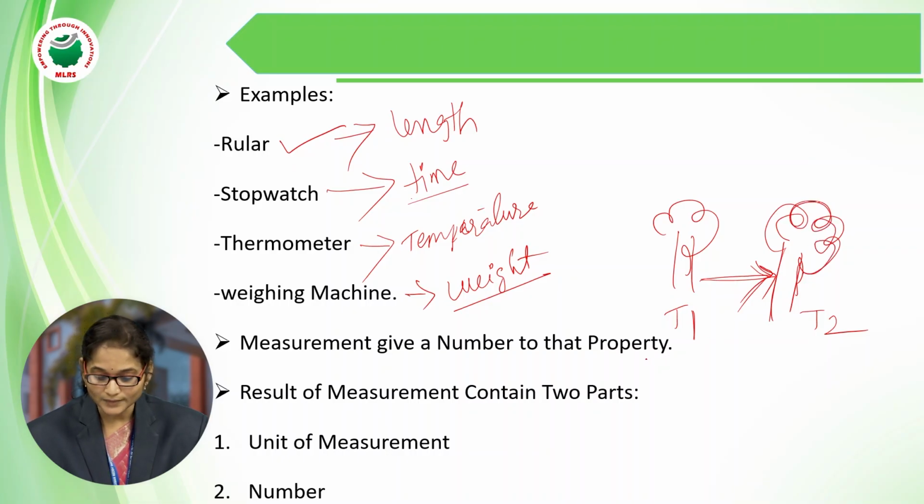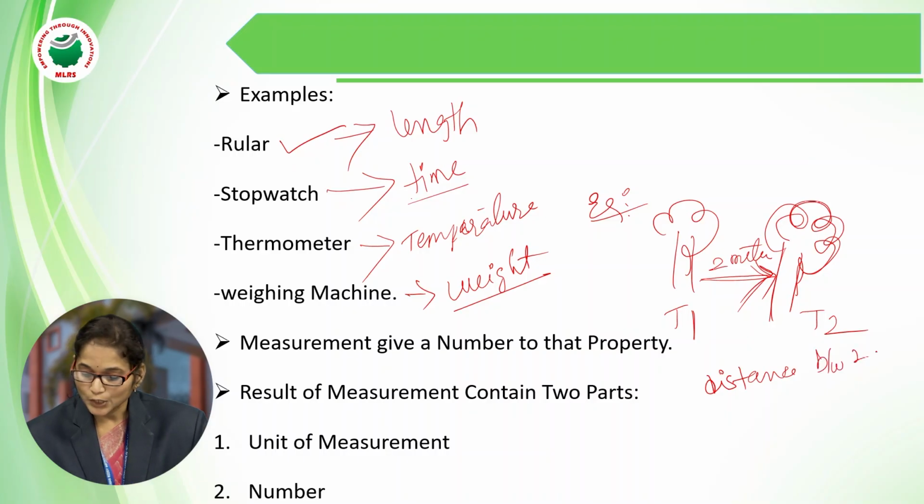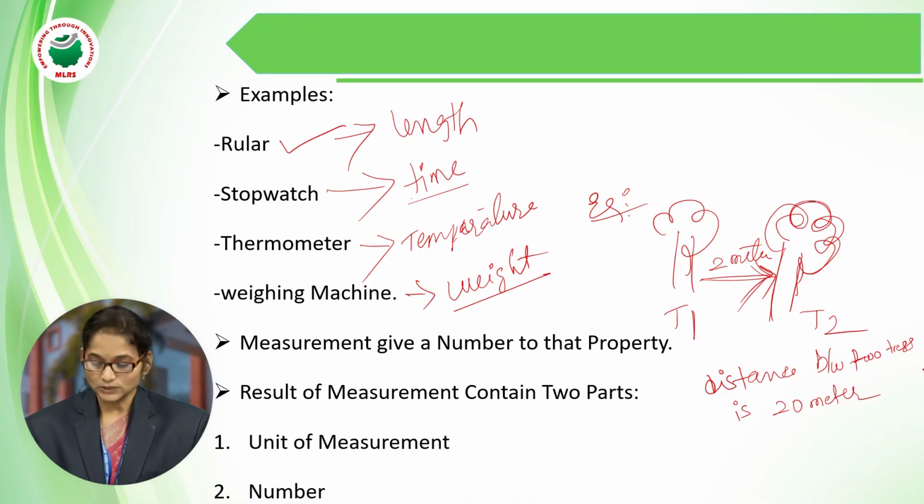Suppose the distance between the two trees is 20 meters. What is the 20? 20 is the number.